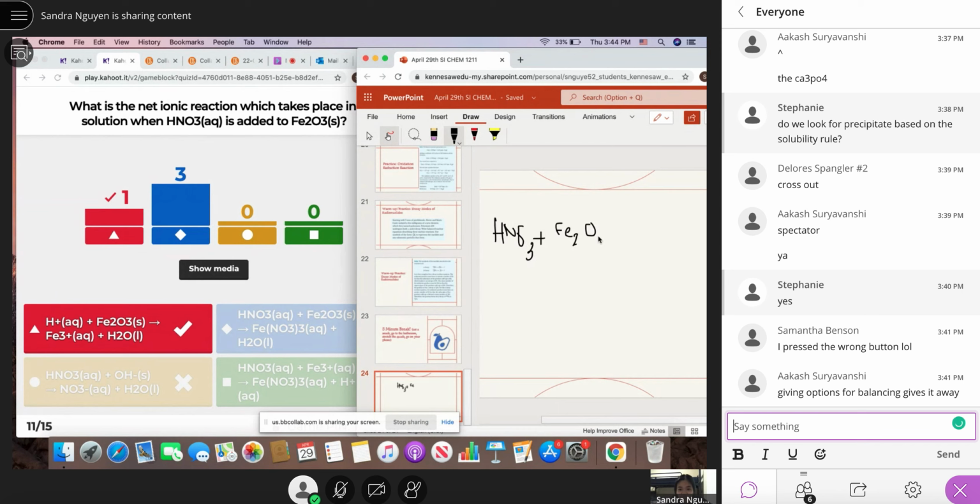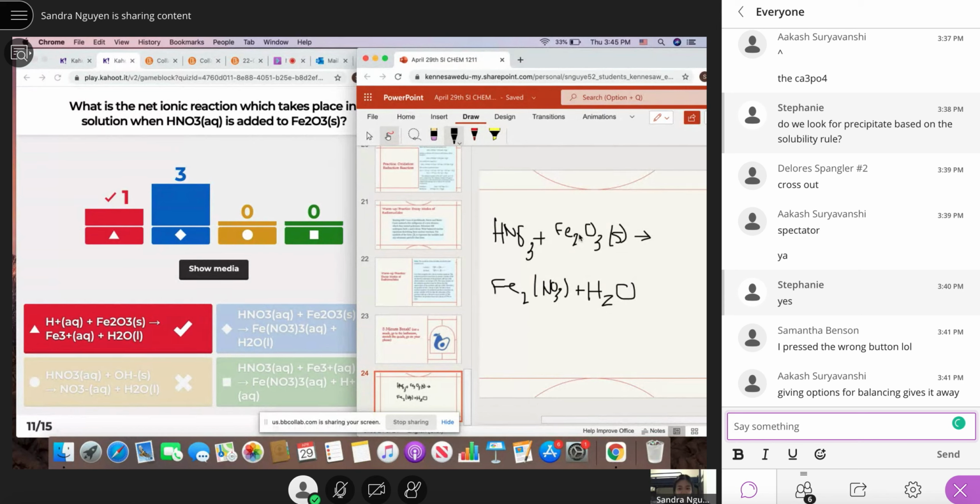Okay, Fe2O3, that's a solid. So again, we're going to keep that. Then the products come: Fe2NO3. And for this, you just end up getting water, H2O, for one of them once you put all this stuff together.